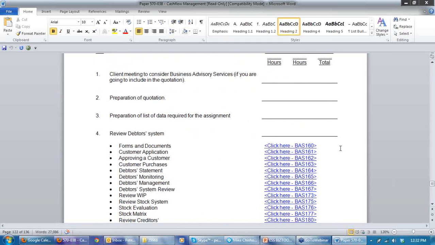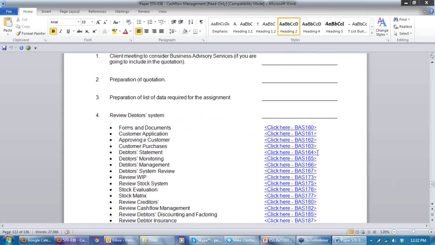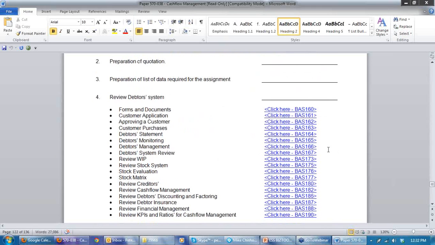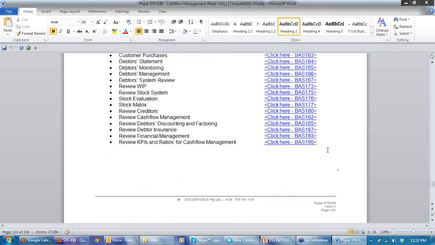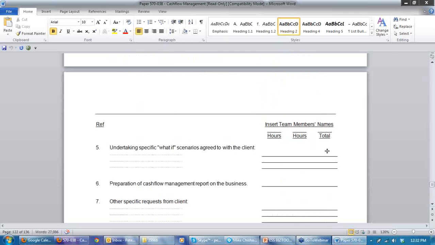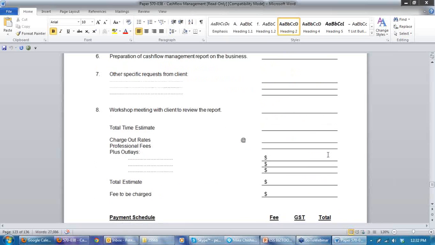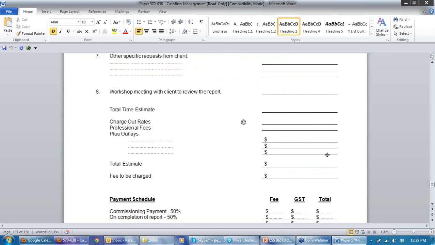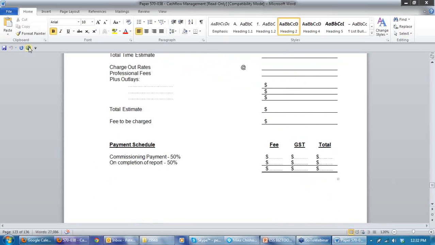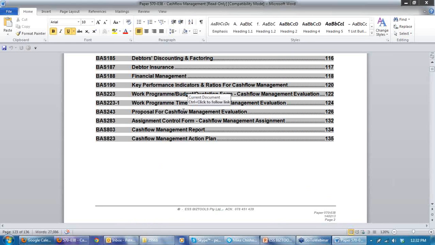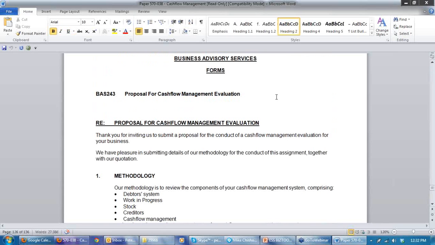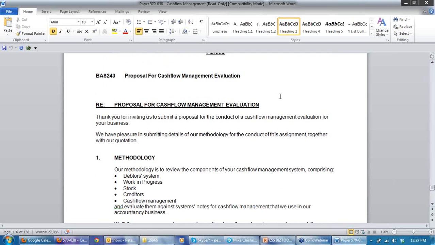These items are linked back to our commentary on how a particular service would apply, so that you're able to go through and place your estimates in the amount of time to be spent on a particular assignment, and then you can determine the overall fee and determine a payment schedule. I think it's very important that there is a payment schedule included, and we have an engagement letter or proposal form to carry out this assignment, cash flow management evaluation.